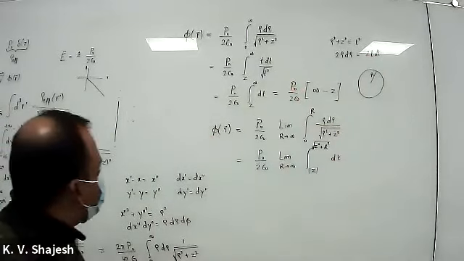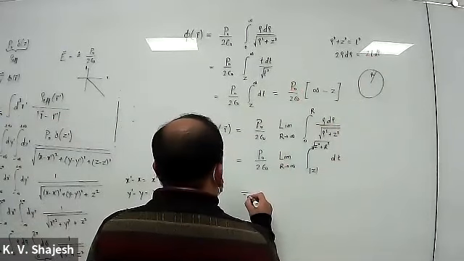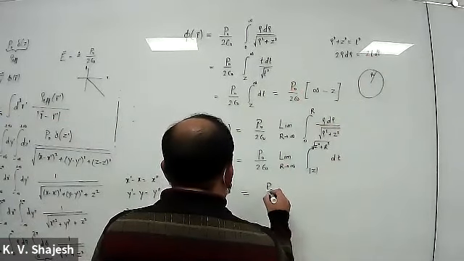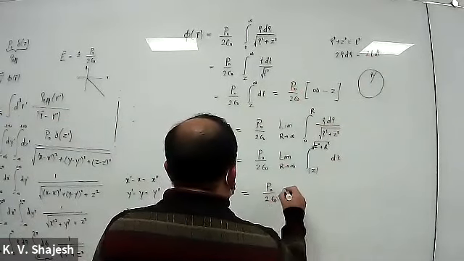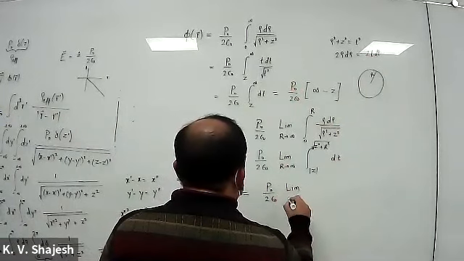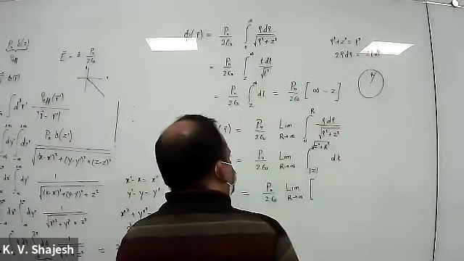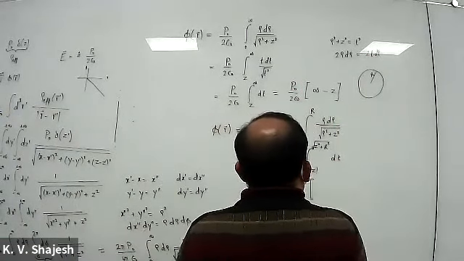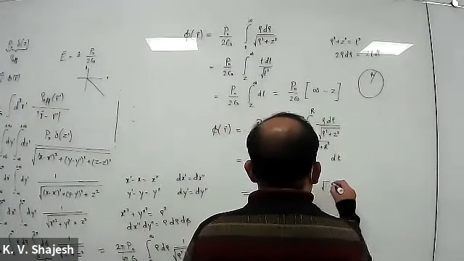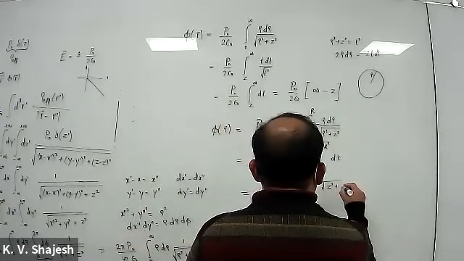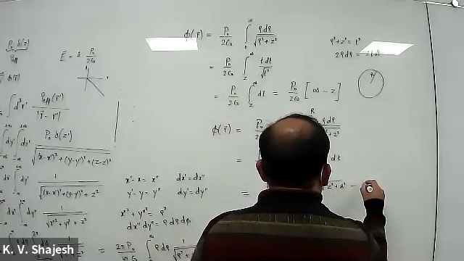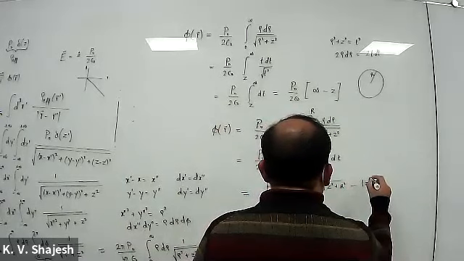So we get this, and we do this again: E naught over 2 epsilon naught, limit r tends to infinity of, the square root of z squared plus r squared minus the magnitude of z.